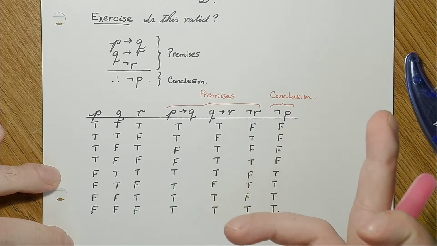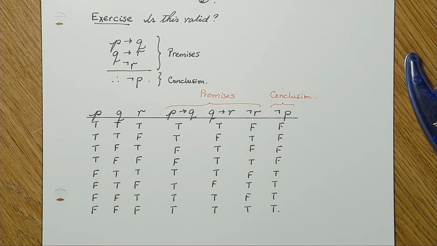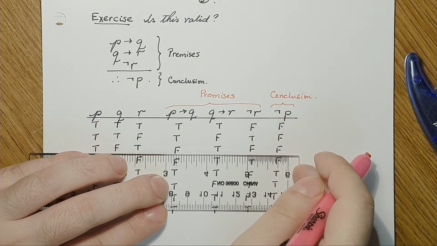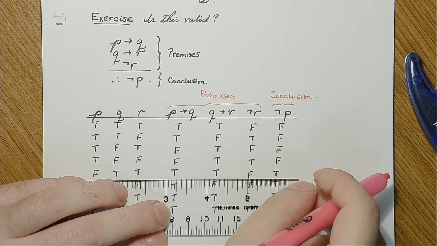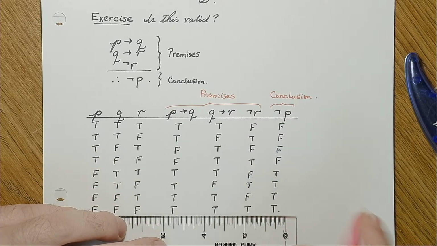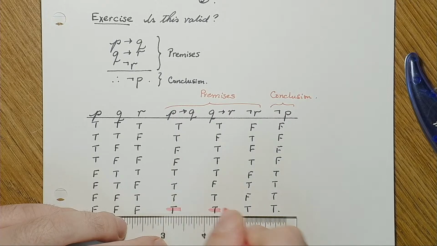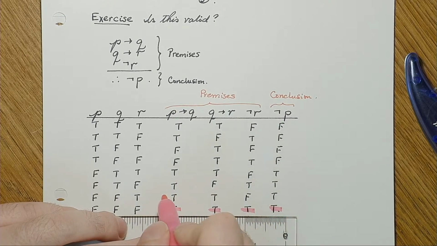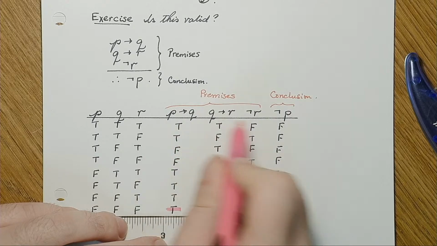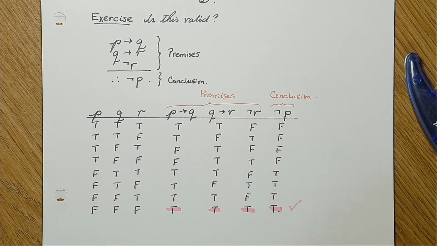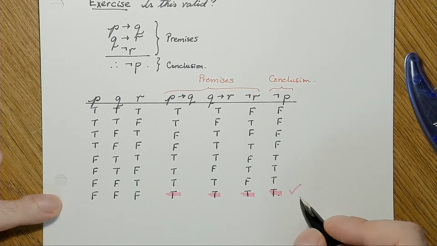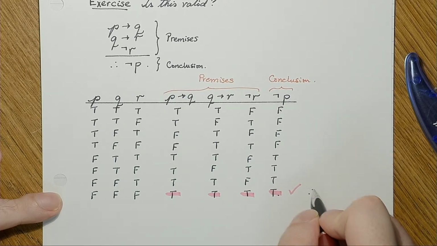And we just go through and look for when we have all true premises. So that's the only case, and it generated a true conclusion. So therefore it's valid.